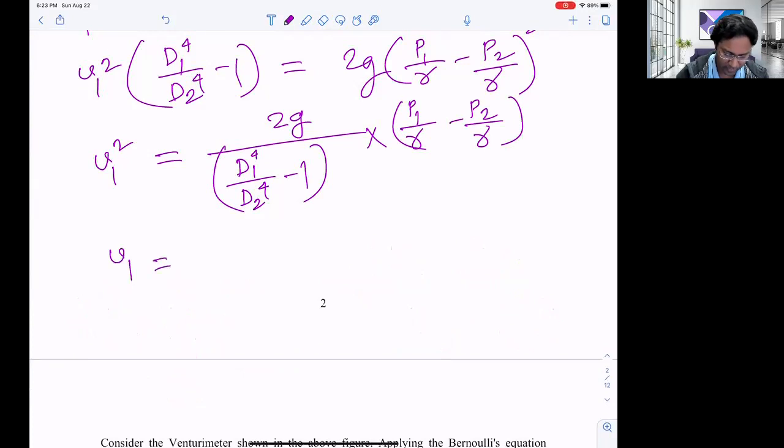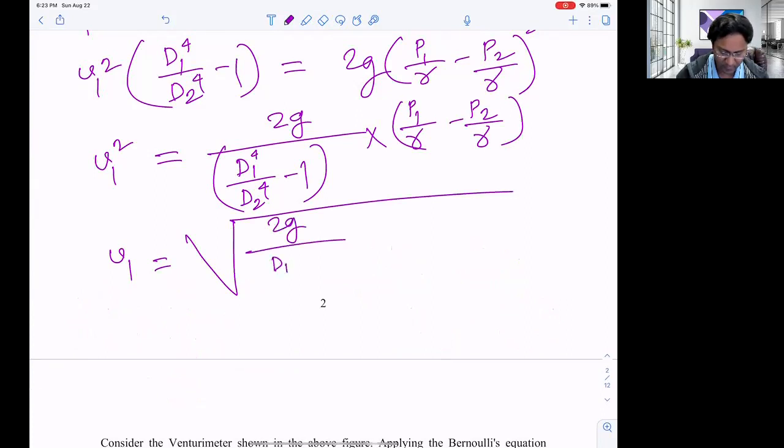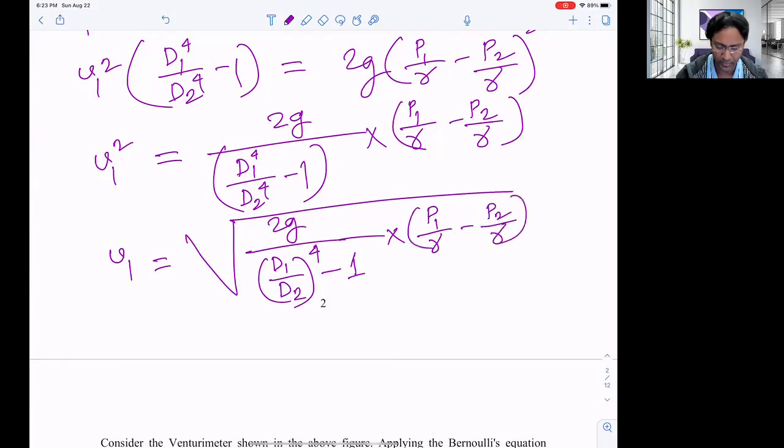So v1 will be the square root of twice g. If I write this clearly, this is the ratio, we have the same exponent, the power, minus 1, and then we have P1 over gamma minus P2 over gamma, right? This one. So that's the velocity.